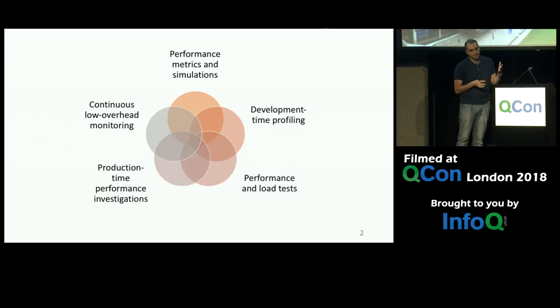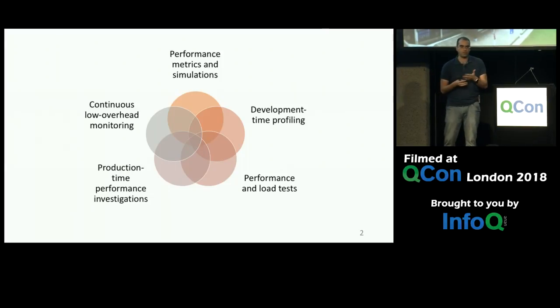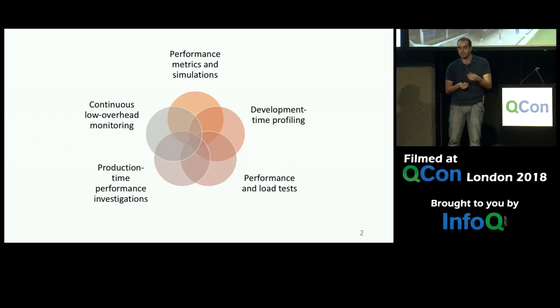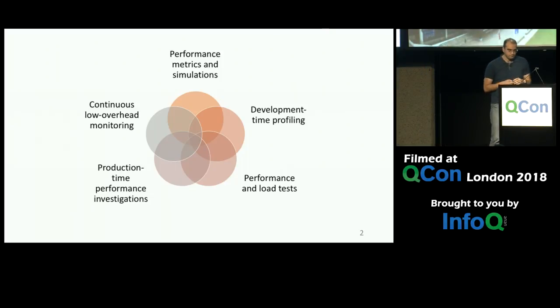And finally, we have continuous monitoring, which PerfView can be used for, even though there are a lot of other frameworks which could be easier to integrate or more lightweight. PerfView can still be used for this as well. You can use it to run continuously in the background and record lots of stuff. And then if there's an issue, you can go back and analyze the events that PerfView emitted and try to figure out what happened.